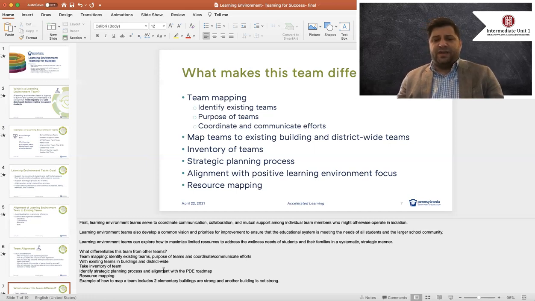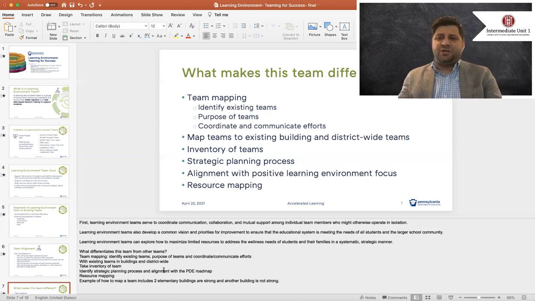So that's sort of an example of where the mapping can come in place, because it's really easy to say, oh, well, we have student support teams at all of our elementaries. But then when you, as a district leader or as a school leader, start delving into what that looks like, you may be surprised to find that not all are as strong in their process or their objectives or their goals, and for various reasons: time, staff turnover, changing objectives and goals, administrative turnover.